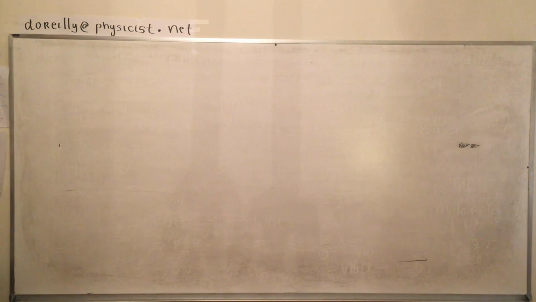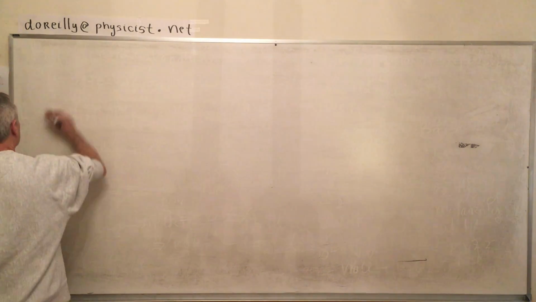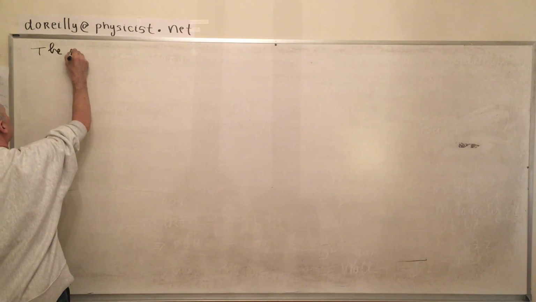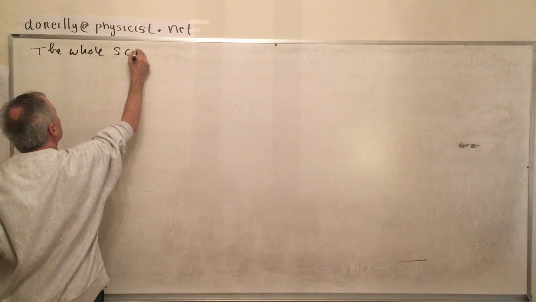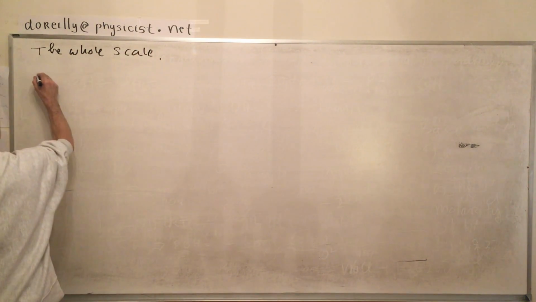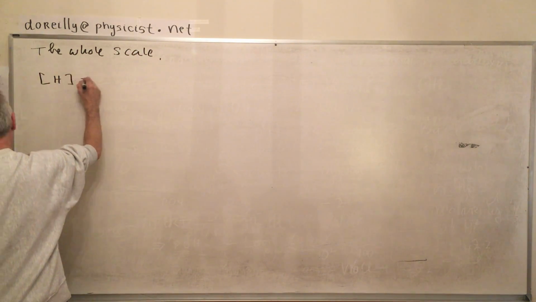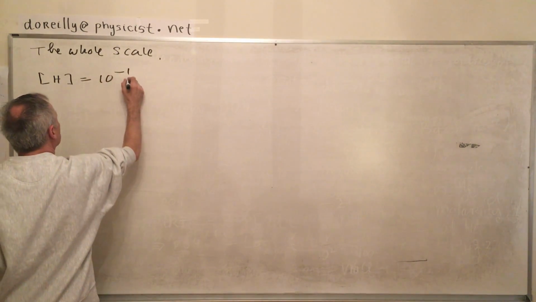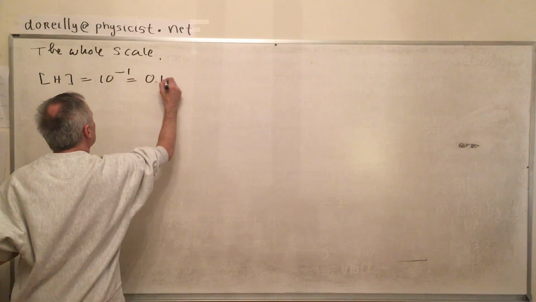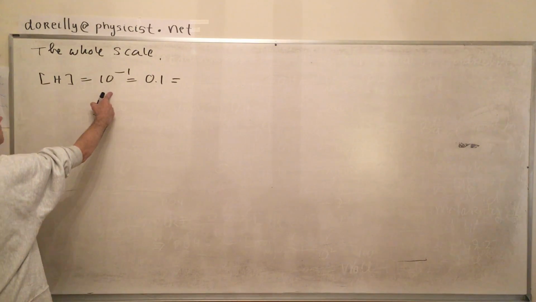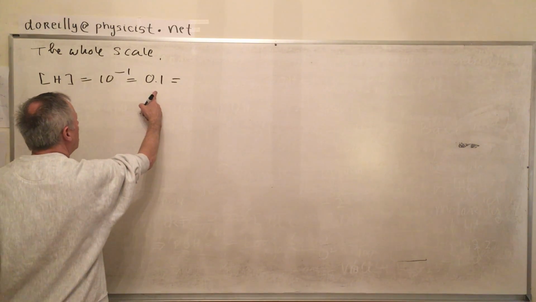I'm going to go through the whole scale. Suppose we're given the molarity to be 10 to the power minus 1, which is 0.1.